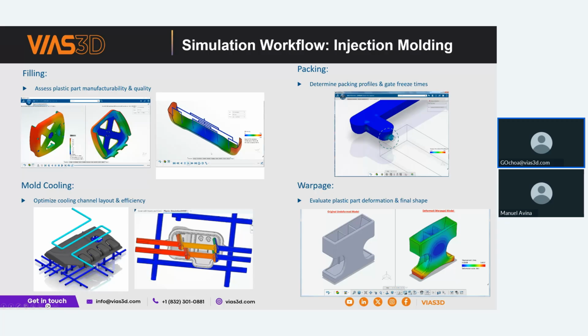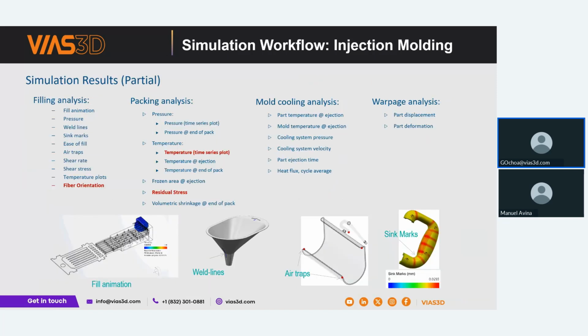Actually, the solver behind the warpage step of this simulation workflow is Abaqus, that is very well known for its nonlinear capabilities. And here, I'm just showing a very brief list of different types of results, and I marked in red the relevant results we're going to be using for the fiber orientation workflow.